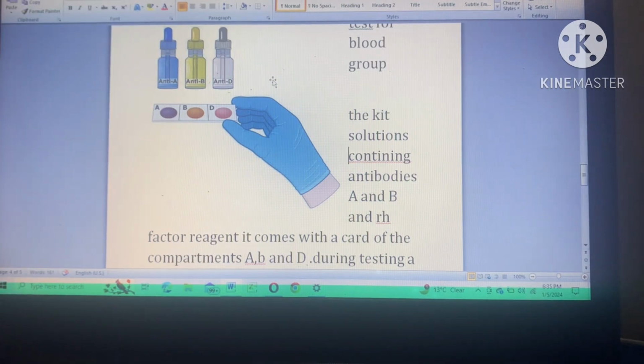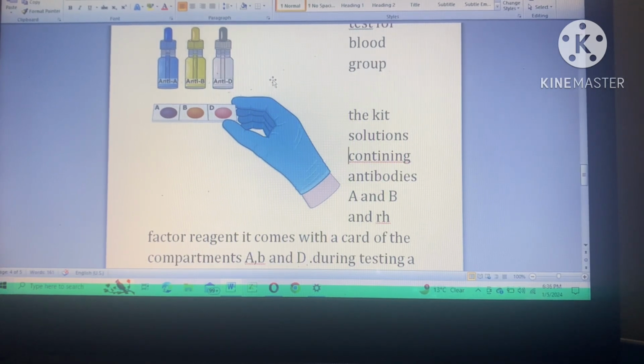The next one contains anti-B antibody, and the last one contains the Rh factor reagent solution, which means that if there is a positive reaction on the one labeled D, it means the Rh factor is positive. If it does not cause any reaction, it means the Rh factor is negative.